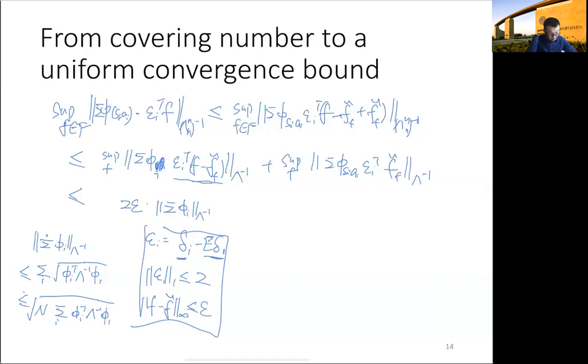Okay, and what is this? Recall that this lambda is constructed by the sum of phi j phi j transpose plus lambda I, and j from 1 to n. So these phi i's are actually part of this data set that allows us to construct this.